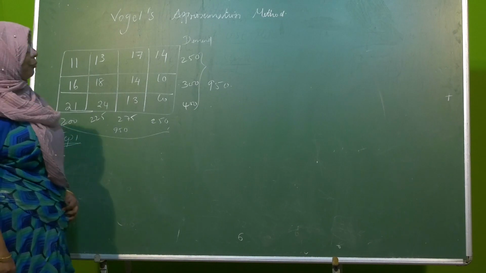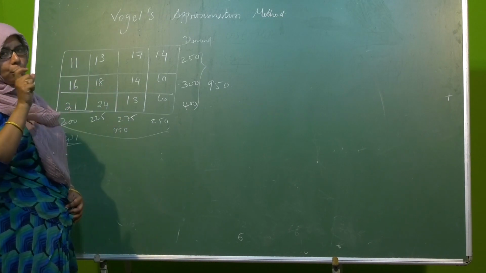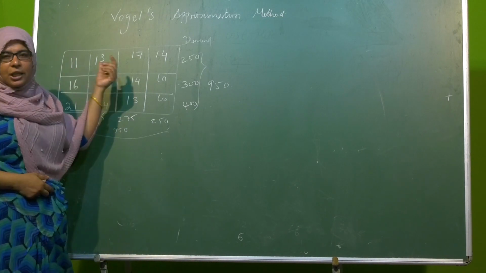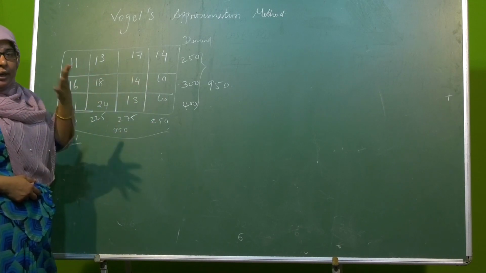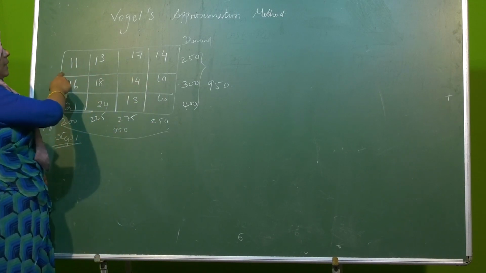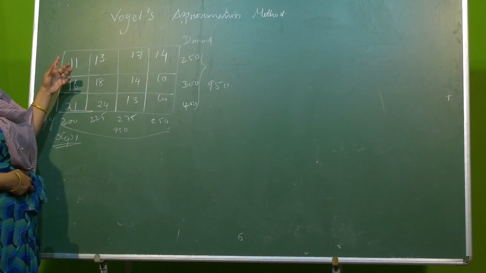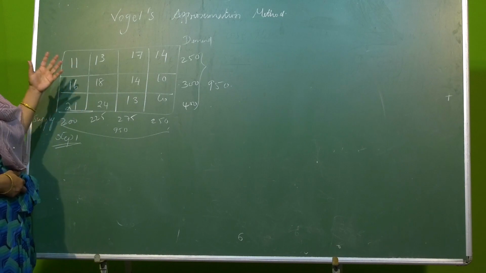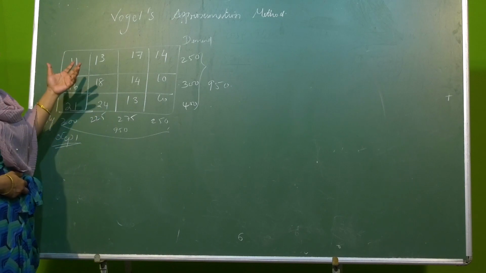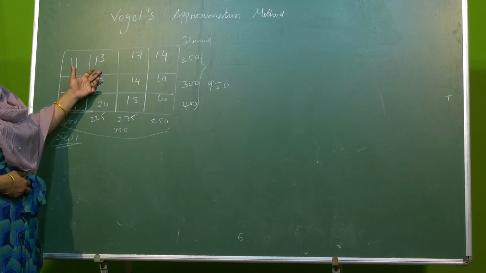First of all, you have to find the difference between the two least numbers in each row and likewise each column. What is the least number in the first row? 11 is the least element in the first row and the next least element is 13.